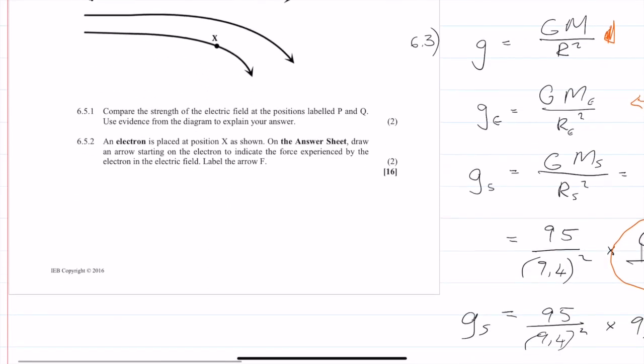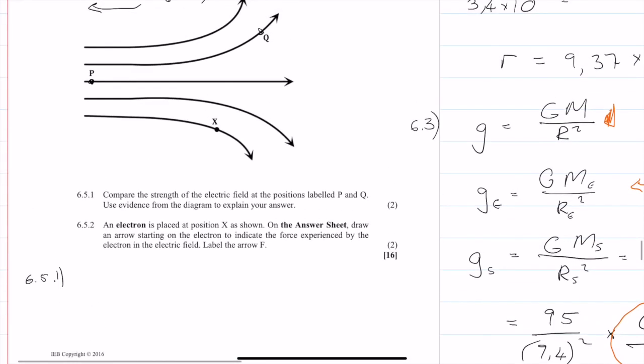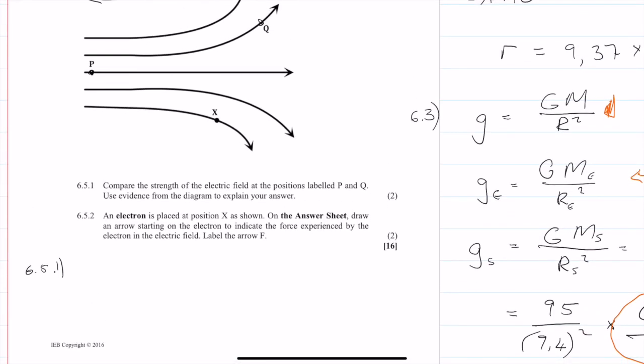So 6.5.1. At P, the lines are very close to each other, and at Q, the lines start to spread.